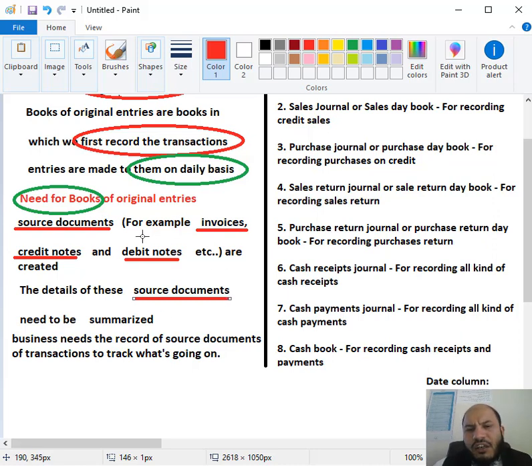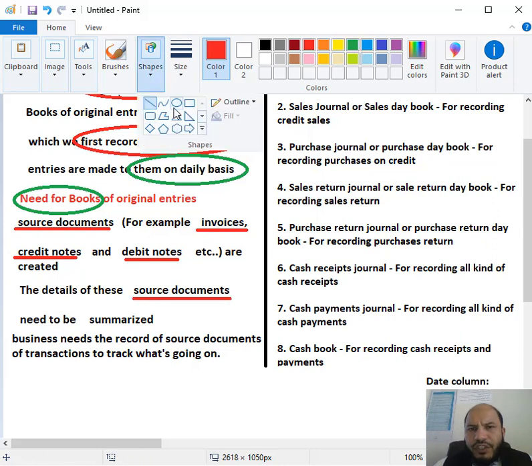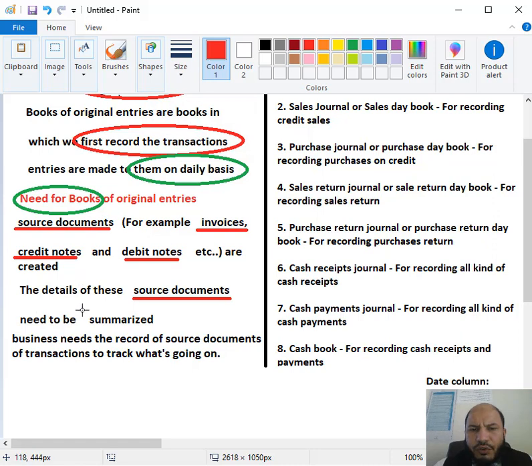All of these are called source documents. These source documents within the business need to be summarized.